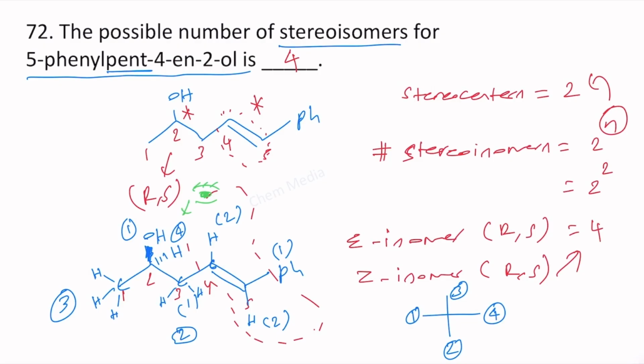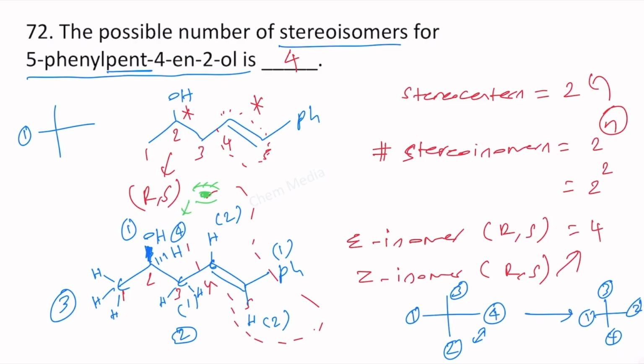We need to bring the least priority group down. Therefore, let us do one swap between these two. If we do that, then 1 here, 4 here, 3 here, 2 here. Let us do another swap, because when we go clockwise or counterclockwise, the numbers have to be in a sequential manner, 1 2 3 or 3 2 1.